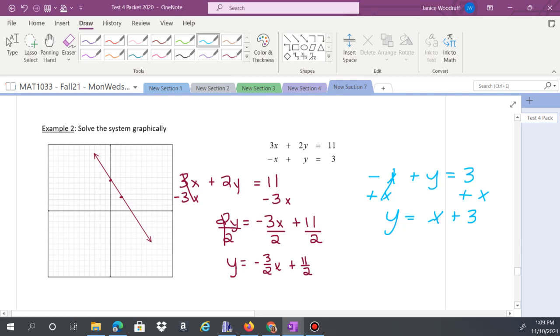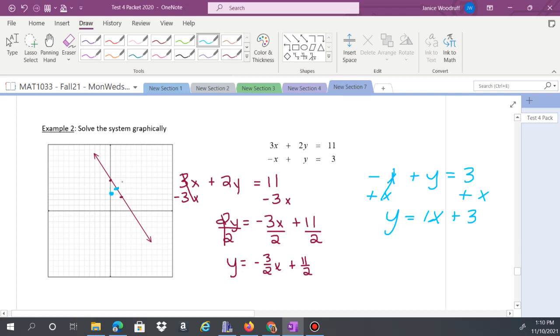And then I'm going to go ahead and graph this equation. So I have a y-intercept of 3. So I'm going to go to 1, 2, 3, right here. And then what's my slope of this line? Just 1. Yep, in front of this x is just a 1. So my slope is going to be 1. So I'm going to go up 1 over 1.